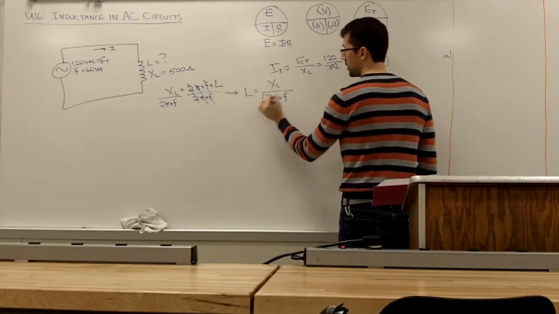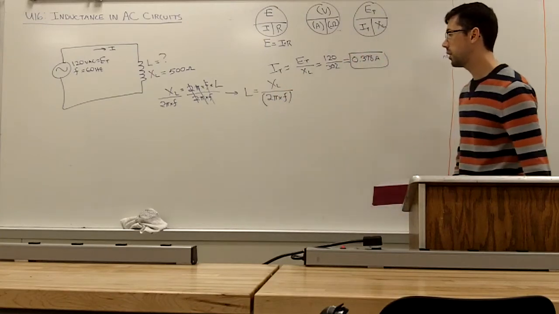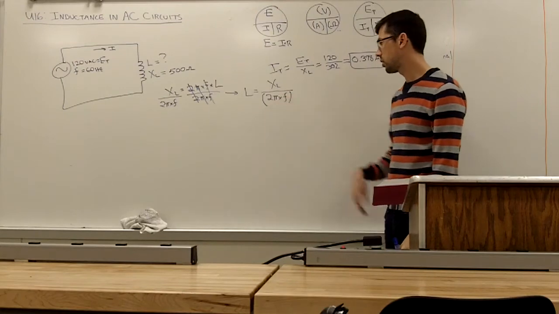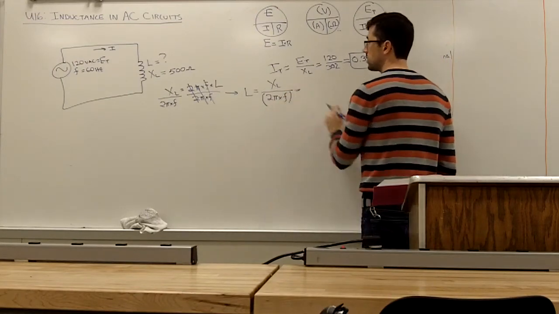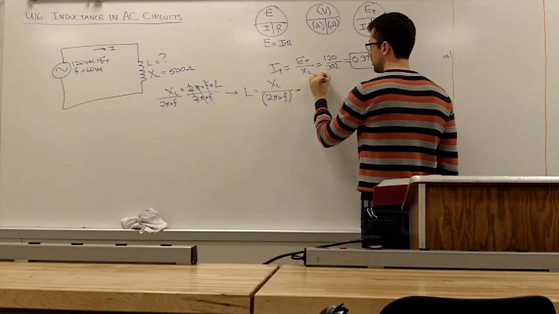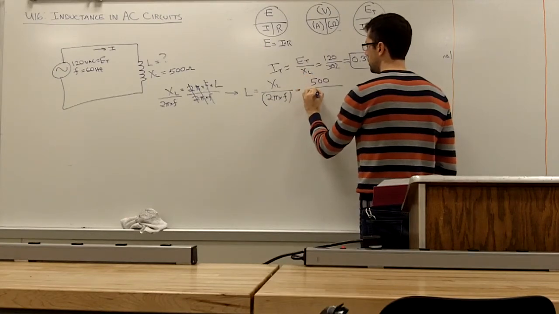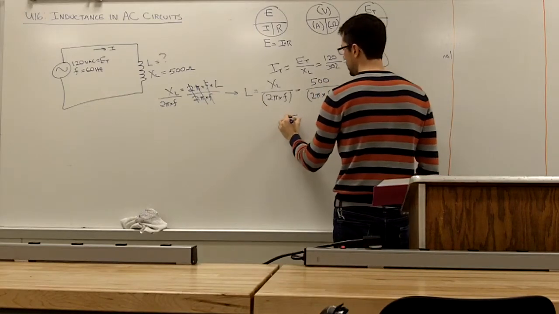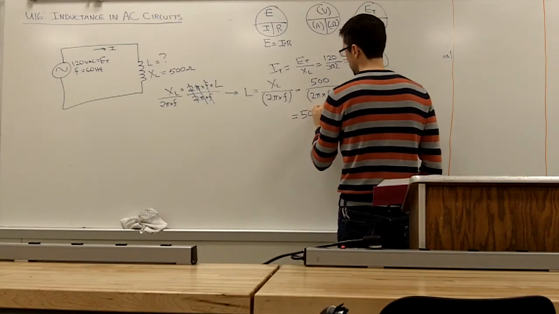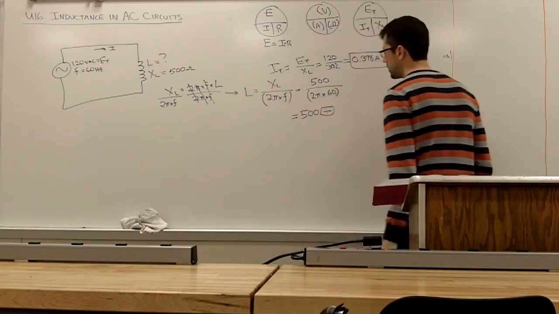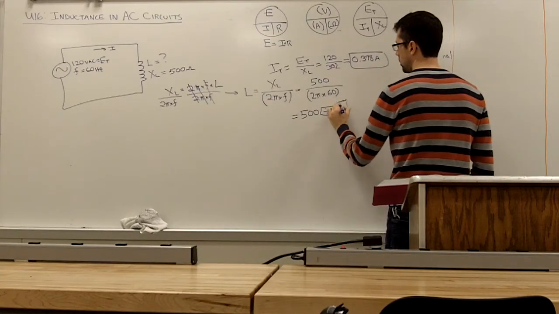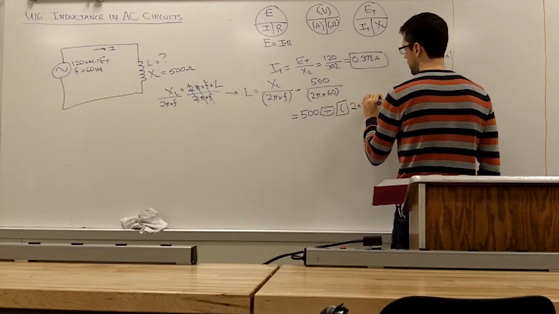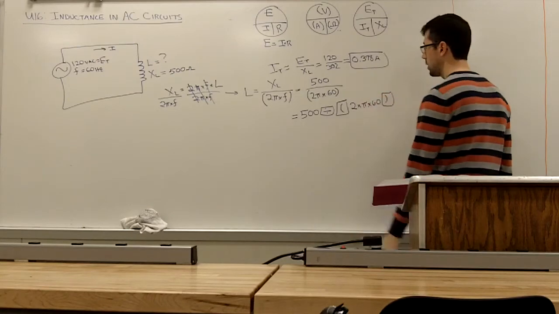I'm also going to add on parentheses here. So when you enter it into your calculator, please make sure you put these parentheses here so that we group everything together in this denominator. So the inductance in this case is going to be 500 divided by 2 pi times 60. On your calculator, how would you put this in? You would do 500, hit the divide sign, hit the left parenthesis, do 2 times pi times 60, and then close it off with the right parenthesis.